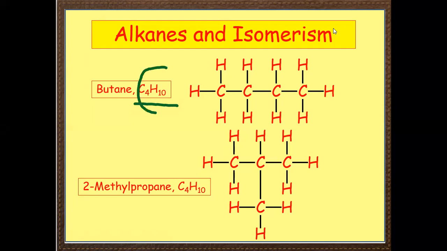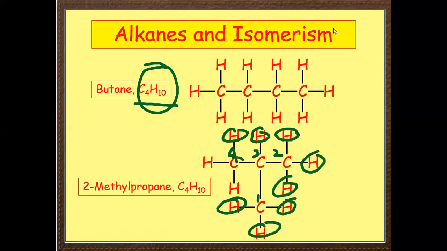The formula is the same, C4H10, 4 carbons and 10 hydrogens. You can see 4 carbons are there, and the hydrogens are 10: 1, 2, 3, 4, 5, 6, 7, 8, 9, 10. But what we did, simply we changed the position of the carbon atom.